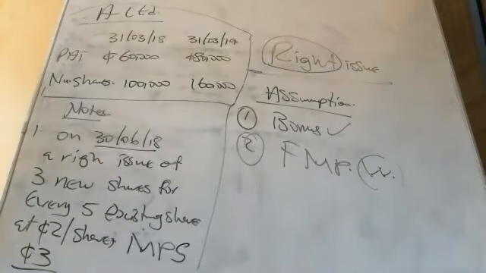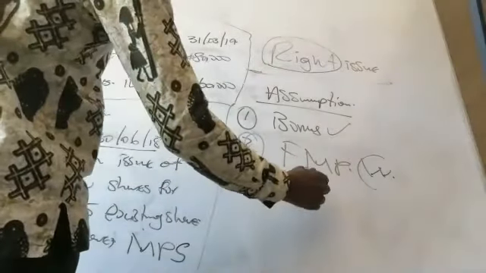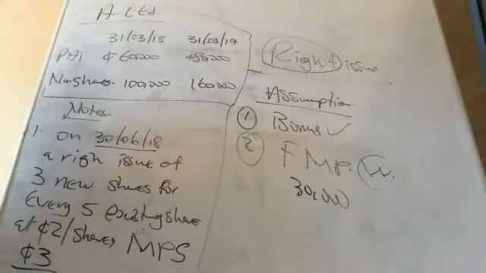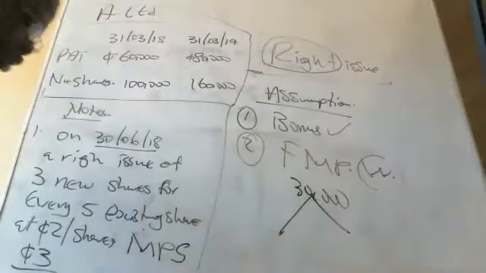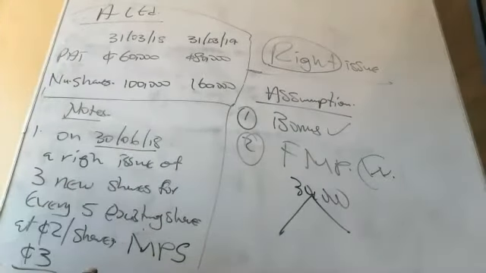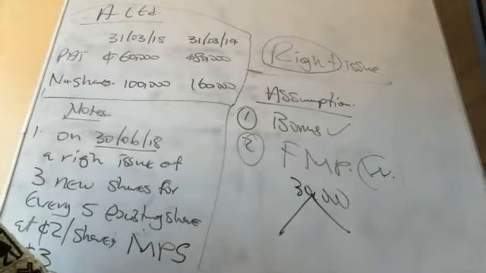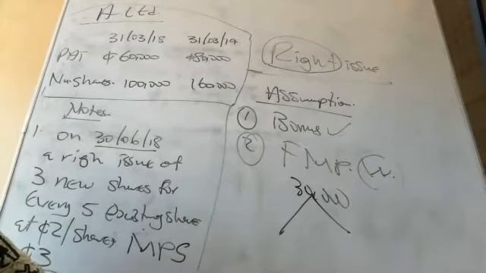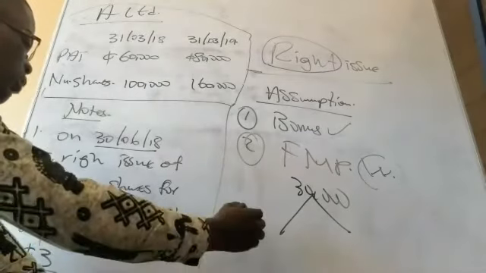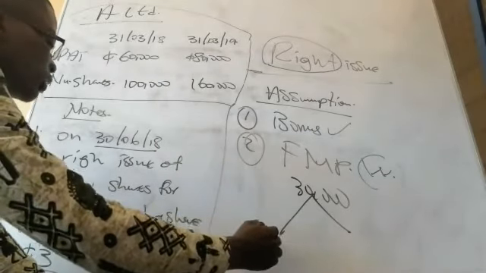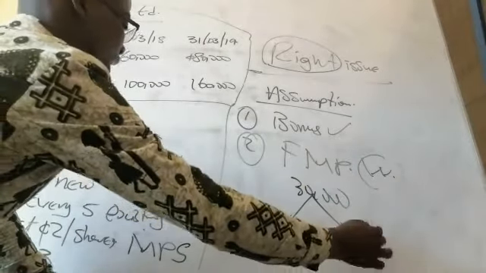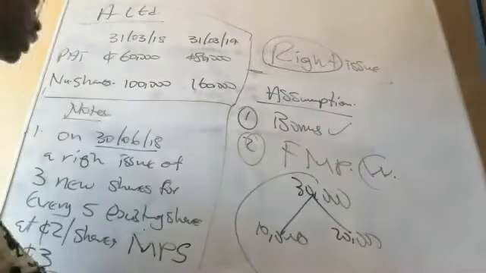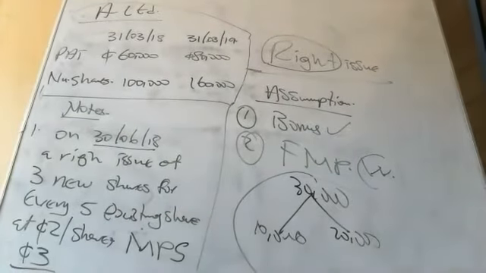Say they've issued 30,000 shares by way of right issue. Out of this 30,000, tell us the proportion of the bonus element and the proportion at full market price. Let's assume the bonus element is 10,000, then the full market price is 20,000. How to separate this is the challenge. The rest is not difficult.